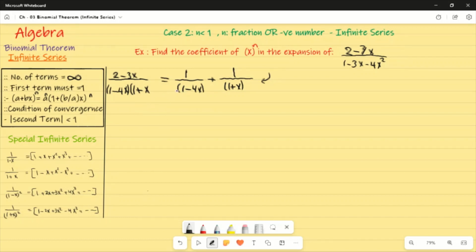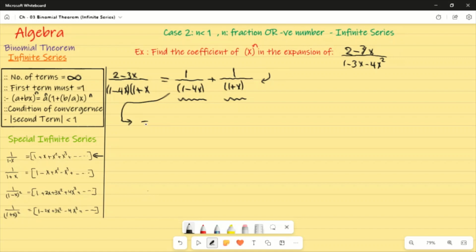Okay, so we have this binomial expression and here a binomial expression. If we take that, this is similar to this special series. Okay, just replace x by 4x.